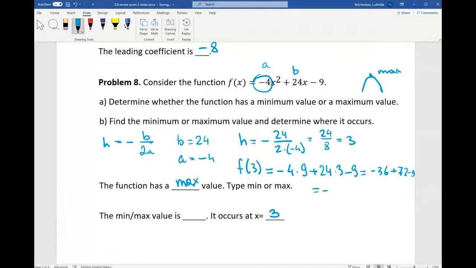So -36 plus 72 is 36, minus 9 is 27. The maximum value is 27, and it occurs at x equals 3.